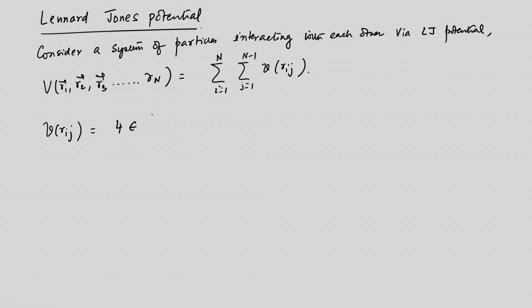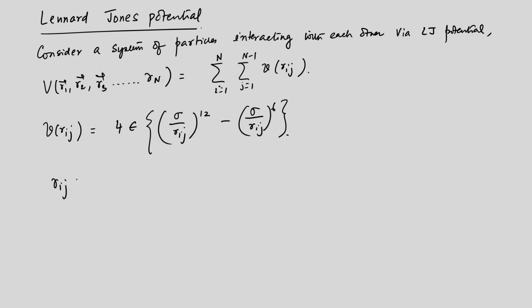This is very conventional to write it this way. It is sigma by Rij to the 12 minus sigma by Rij to the 6, and this is called a 6-12 potential because of these powers 6 and 12, where Rij is equal to Ri minus Rj. So, that is the distance between i and j.